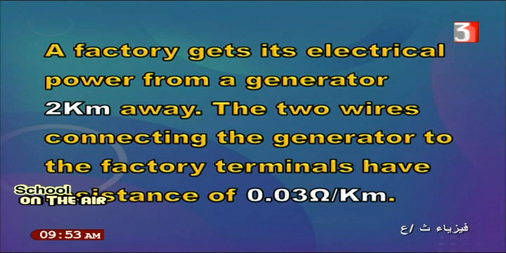The two wires connecting the generator to the factory terminals have a resistance of 0.03 ohm per kilometer. Per kilometer, and the distance is 2 kilometers, so it should be multiplied by 2. And for two cables it should be multiplied by another 2, and we'll get what we want.